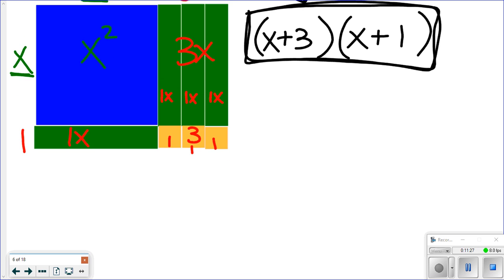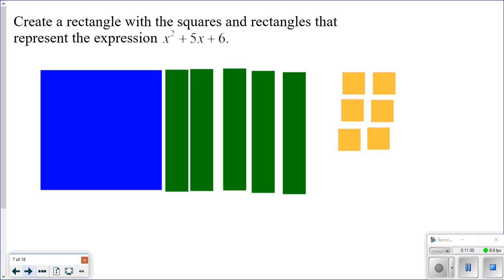So let's do this again. So I have x squared, I have 1, 2, 3, 4, 5 x's and 6 singles. So x squared plus 5x plus 6. Go ahead and take the time to rearrange them. Try to come up with a square or a rectangle.